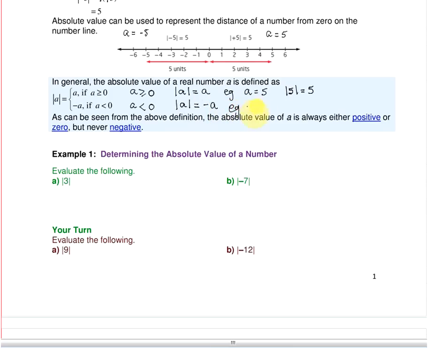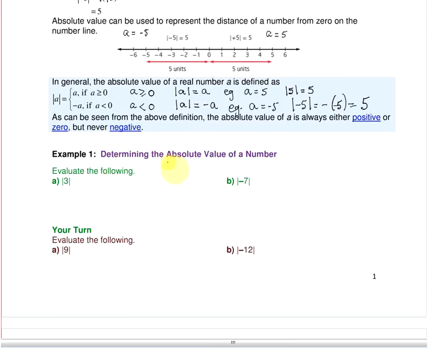For example, let's say a is equal to negative 5, then the absolute value of negative 5 is equal to negative of negative 5, which is equal to positive 5. As can be seen from the above definition, the absolute value of a is always either positive or 0, but never negative. So let's try evaluating some numbers.